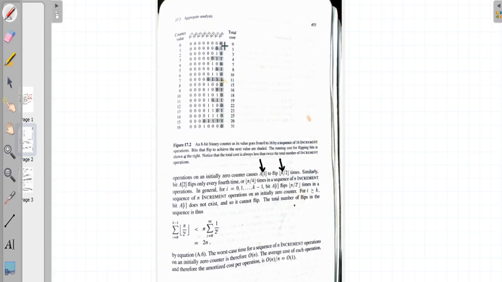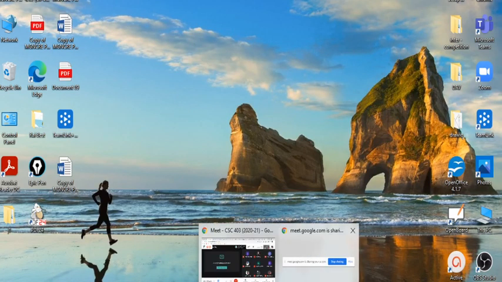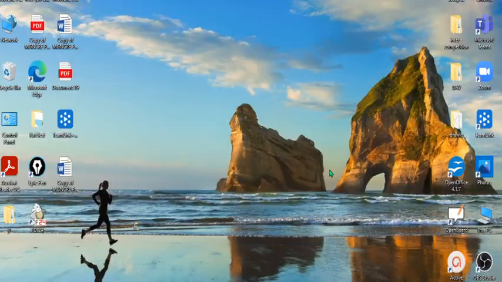So you see, whenever this increment operation is going on, bit A0 goes from 0 to 1, it is flipped, 1 to 0 it is flipped, 0 to 1 again it is flipped, 1 to 0. So every time we call the increment operation, this bit A0 is getting flipped.